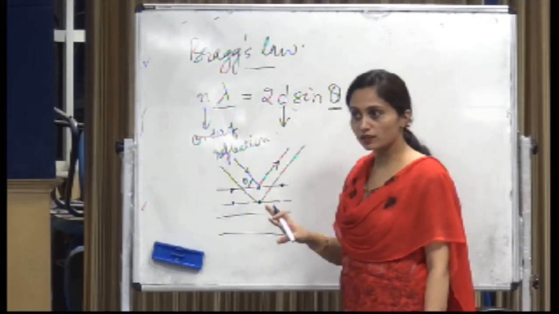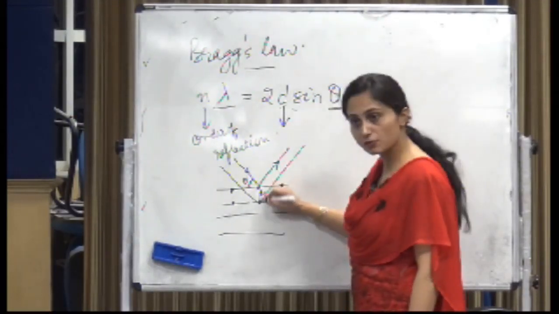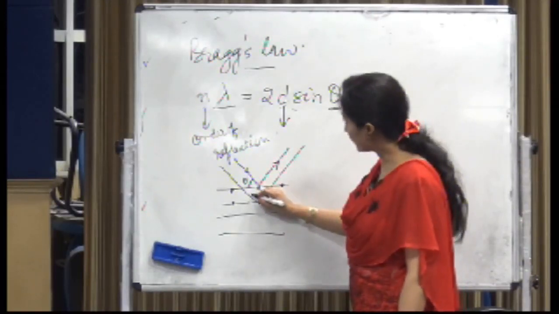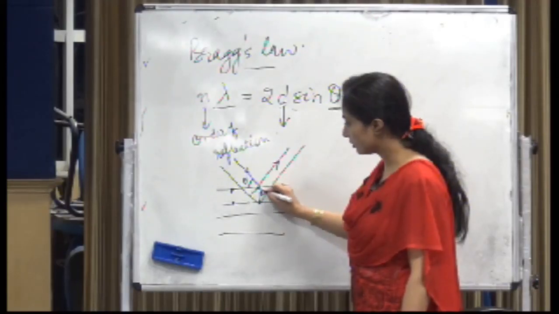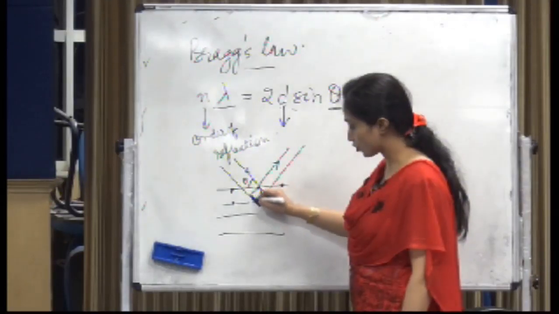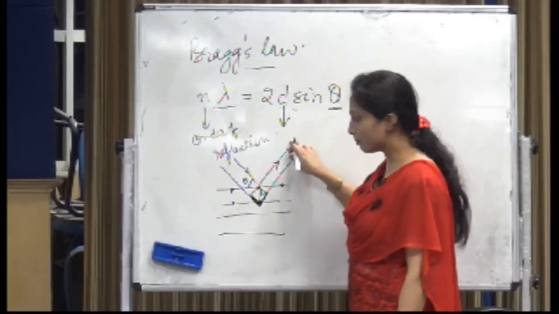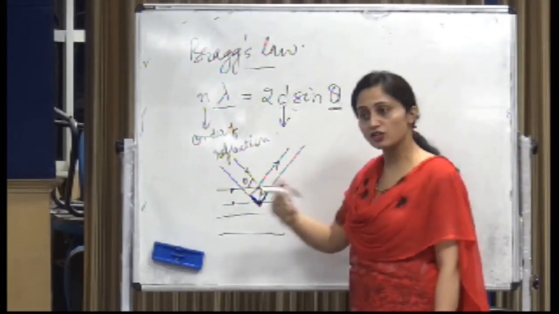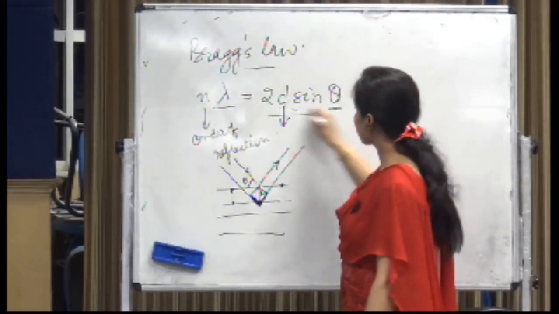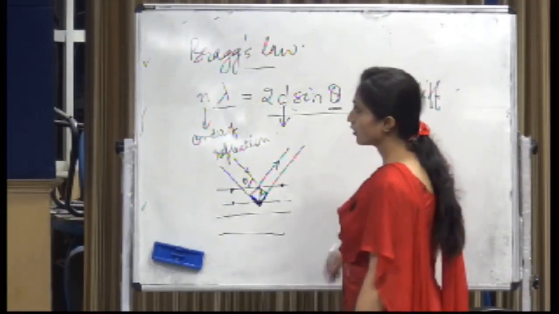When it collides with the atom. So this is your D. D is the distance between two planes. Theta is the angle at which your radiation is incident. And this n lambda is the extra distance covered by your radiation. This is called the path difference. Path difference means how much extra distance the second ray covered compared to the first ray. So basically this is equal to the path difference, if you can remember this.